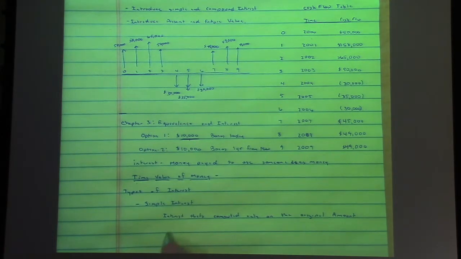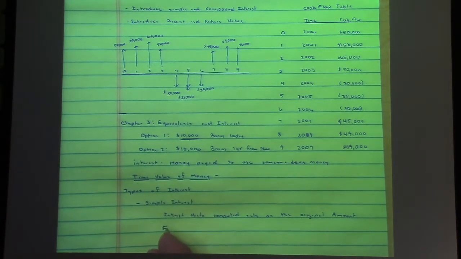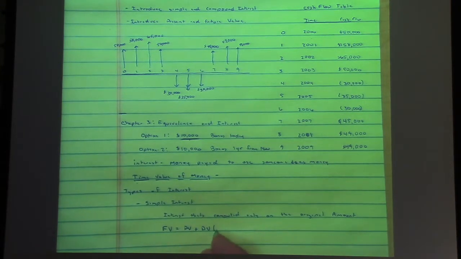So if we want to figure out what the future value is of some present value amount, we could say that the future value is equal to the present value plus the present value times the interest rate, which the book expresses as an I, times the time.